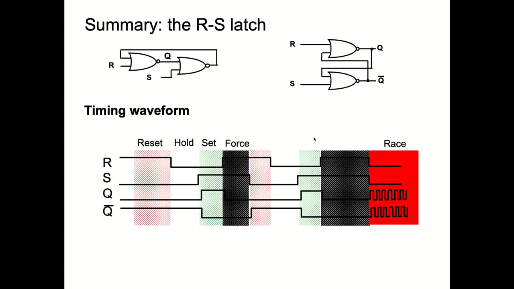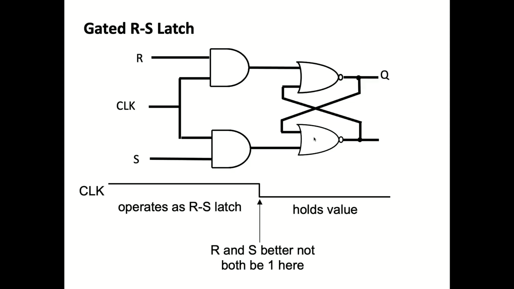Okay, so let's build some more useful devices. We want to synchronize when these things change. One way to do this is to throw AND gates on the R and S controls here to prevent this RS latch from changing unless the clock is high.